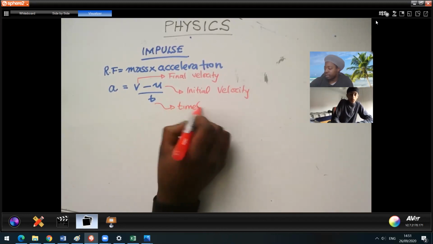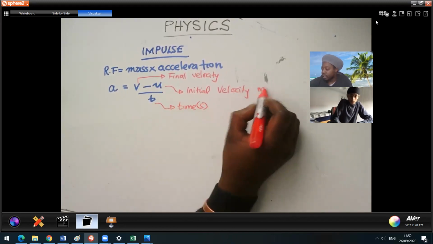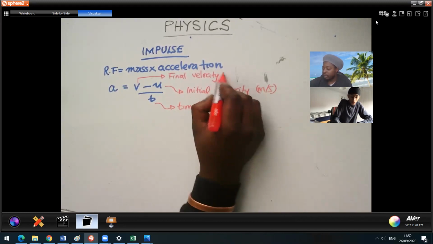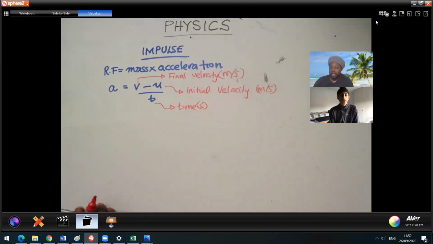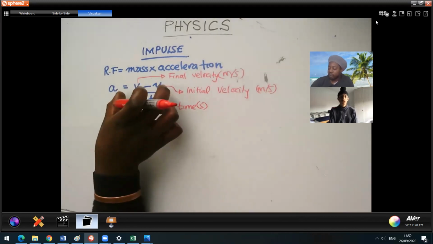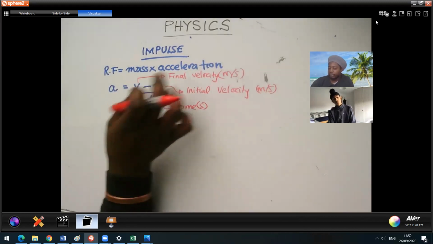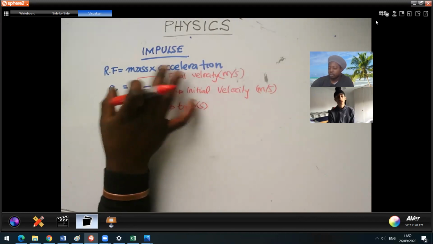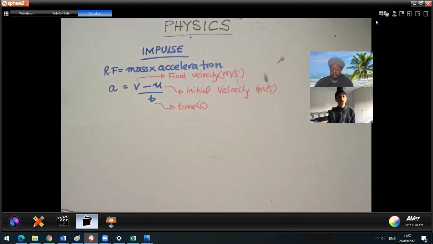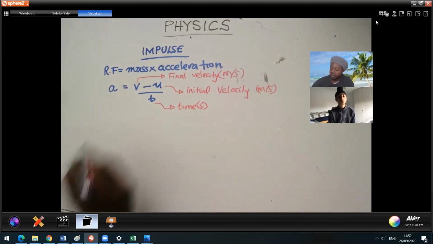It has to be in seconds, and again, meters per second. Now, if I take this formula for acceleration and put it into this equation, which looks at resultant force, will I end up with an equation that looks like resultant force?